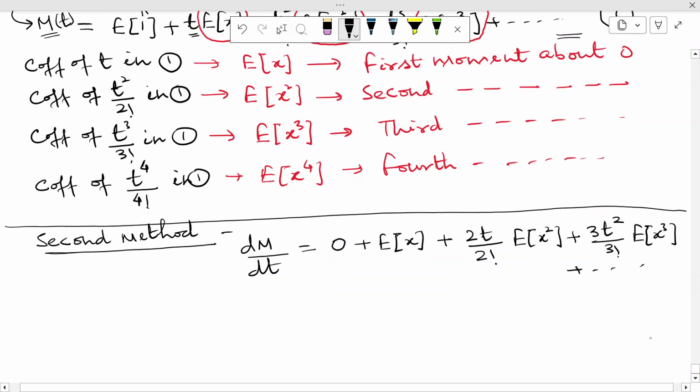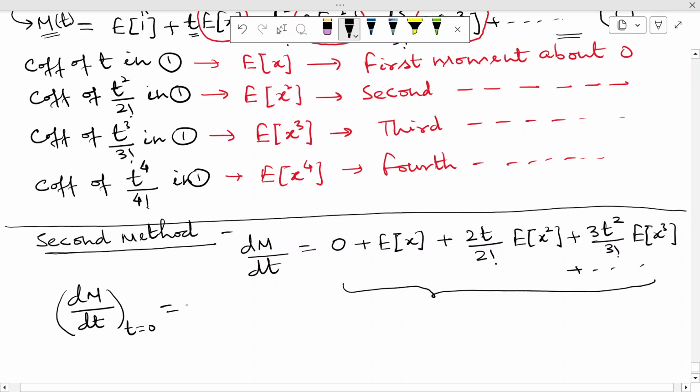So what we are doing here is just differentiating our moment generating function with respect to t. Now we will find the value of this first order derivative at t equals 0. That means we put t equals 0 in this expression. So it is very clear that after the first term, every term involves t.